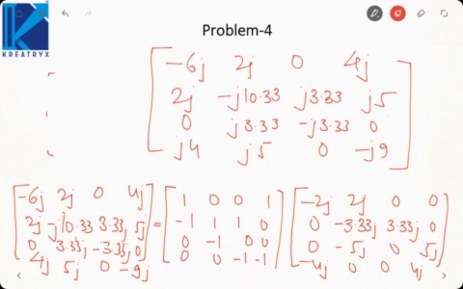So if you see here, the sum of elements in every row is 0. Why is it 0? Because there is no admittance between the bus and the ground. That means the sum is always equal to the admittance between bus and ground, no matter whether you are solving by bus direct inspection method or by singular transformation.